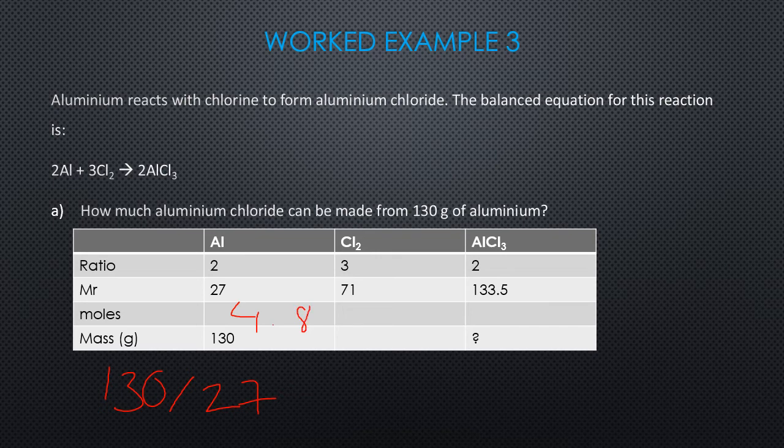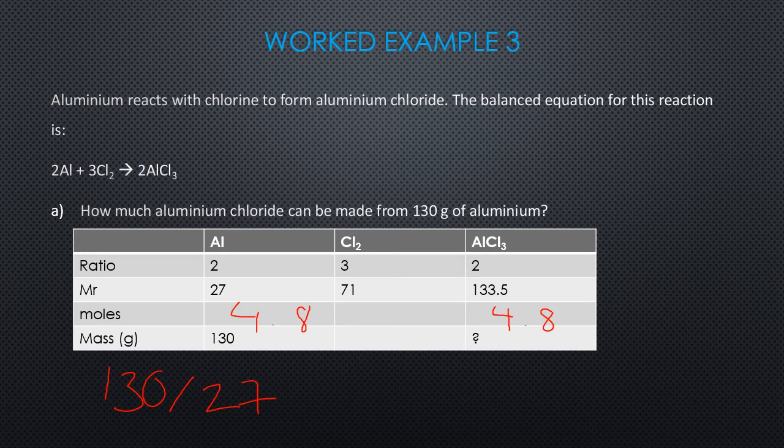We are trying to work out the mass of aluminium chloride, but what we can immediately see is that aluminium and aluminium chloride both have the same ratios. We've got 2 to 3 to 2, so there's 2 to 2. Remember what I said? If the ratios are equal, the moles are also equal. So the moles for aluminium chloride is therefore 4.8.